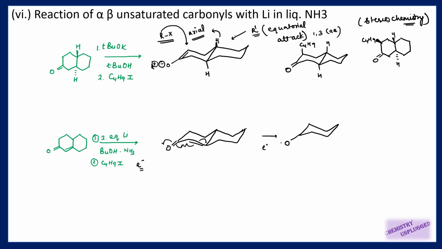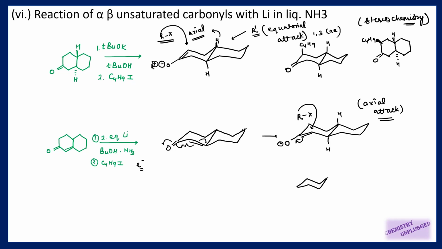First I will get a radical here, then this radical will take a proton from the solvent and then it will form a negative charge here. So again the same rule will be applied, that when I have a proton attached here, the attacking side of R is from the axial side, right? Axial attack.